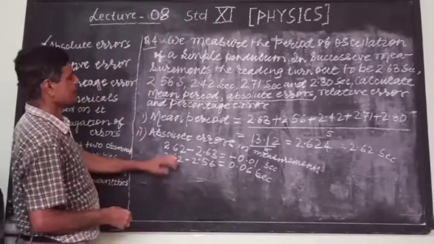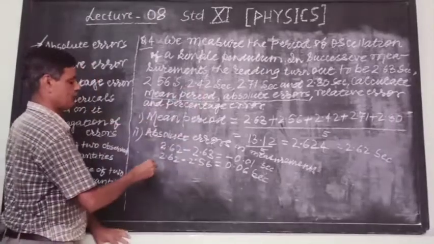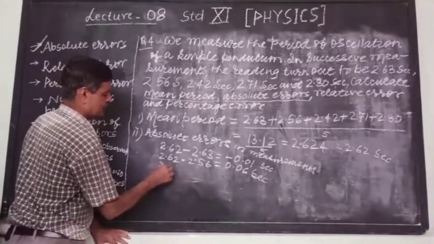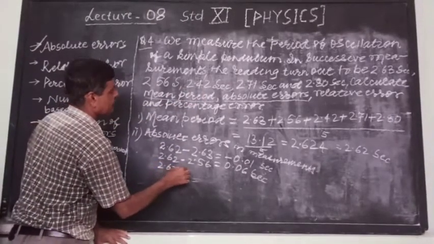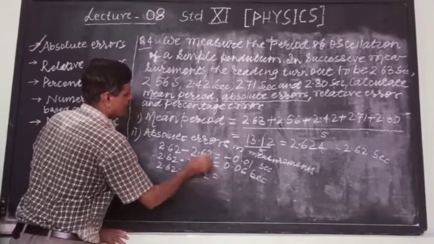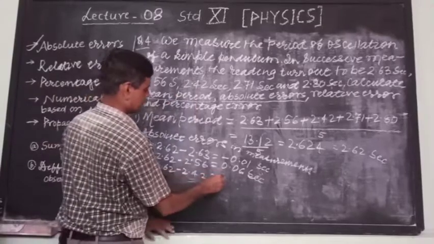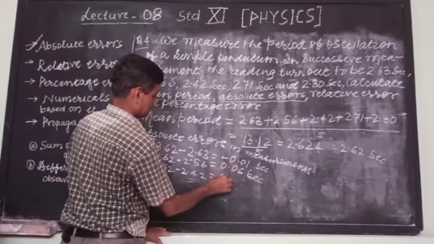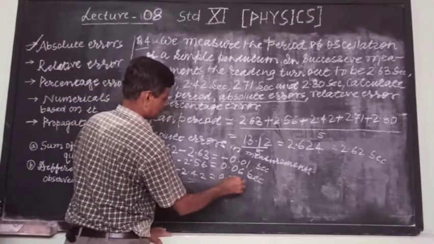Third one, this is your 2.42. 2.62 minus 2.42, this minus this is 0.20.